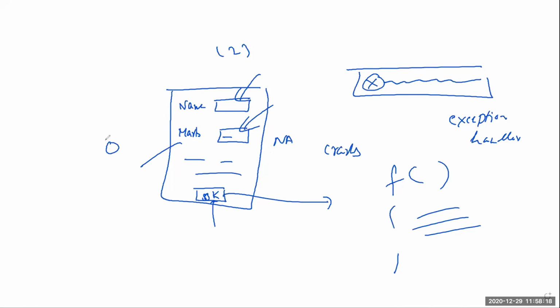So if the user is not entering anything or entering some garbage values, we should replace it with 0. And we should also give a meaningful message to the user that marks is expected to be a value between 0 and 1000. For example, if you are coming from FSC, maybe 1100, I don't know what the standard is today. So you can give a meaningful error message to the user so that the user can enter a correct value.